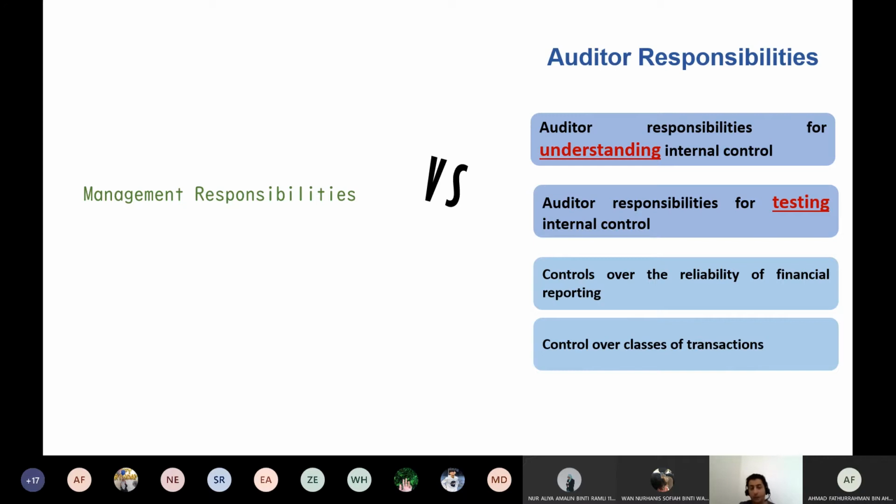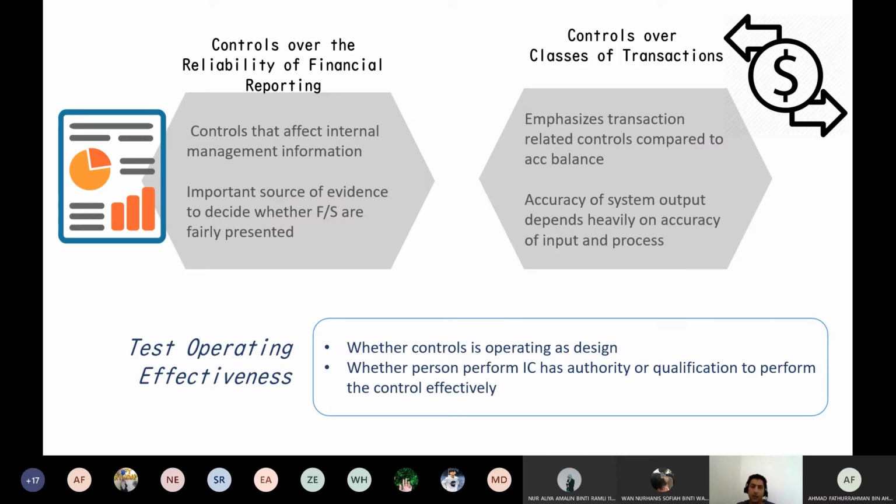Remember, we have discussed management assertions in the previous chapters, and we discussed that there are management assertions related to classes of transactions, and management assertions related to the financial statements, which is the balance details. Okay, so we will have some insight here.